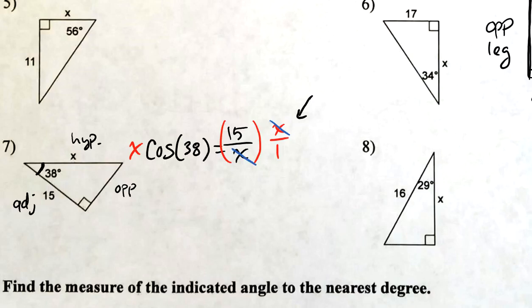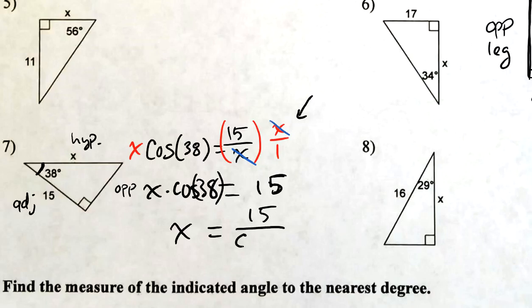Those will cancel. So over on the right-hand side, we're left with just 15. And on the left-hand side, we have x times the cosine of 38. And finally, to solve for x, I'm going to divide both sides of this by the cosine of 38. So I write x is equal to 15 divided by the cosine of 38.